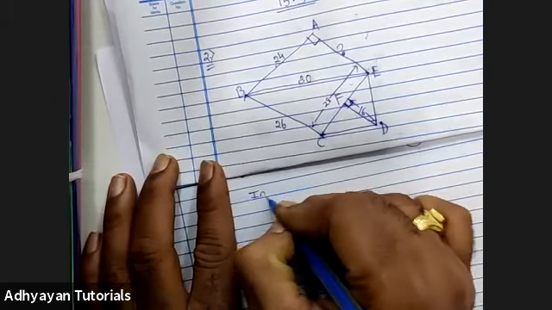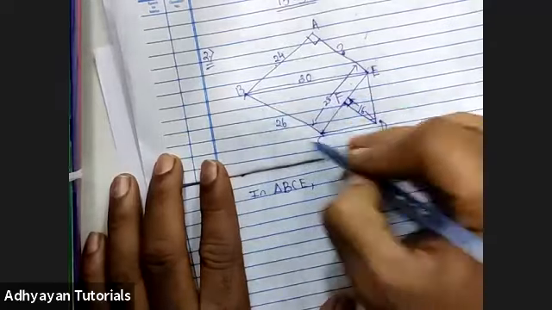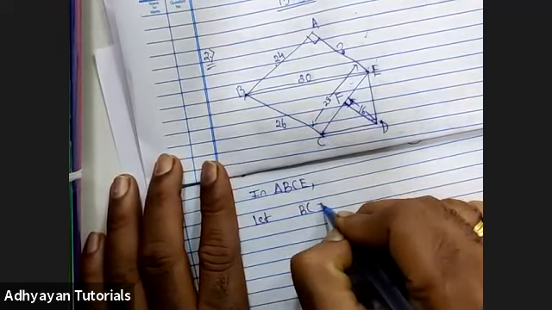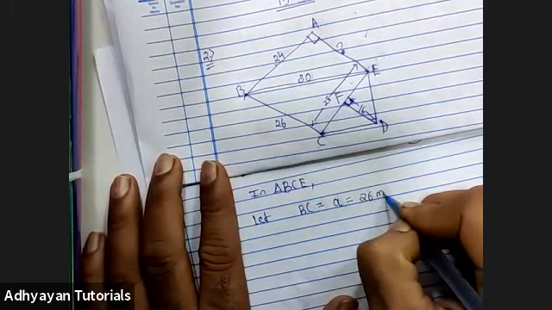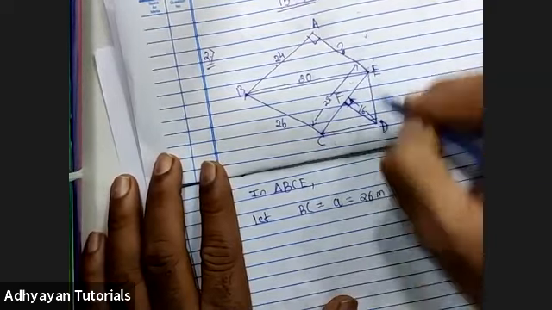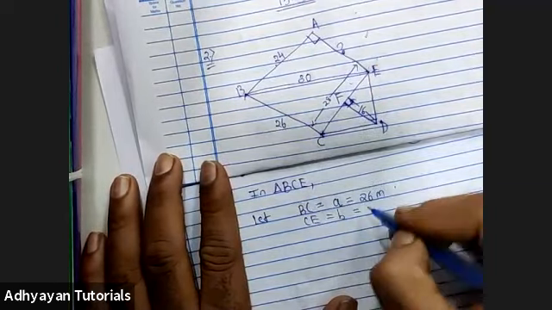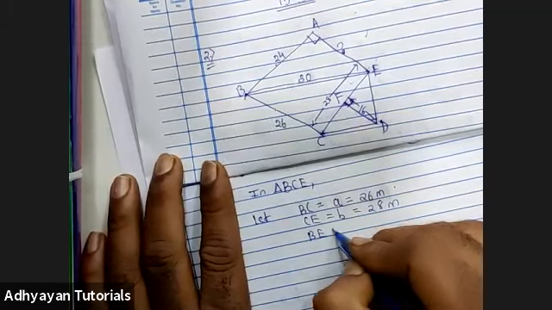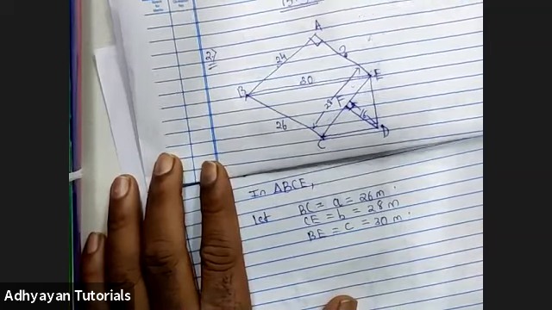In triangle BCE, let BC be equal to A, जिसका value है 26 meters. Let CE be equal to B, जिसका value है 28 meters, and let BE be equal to C, जिसका value है 30 meters, right?